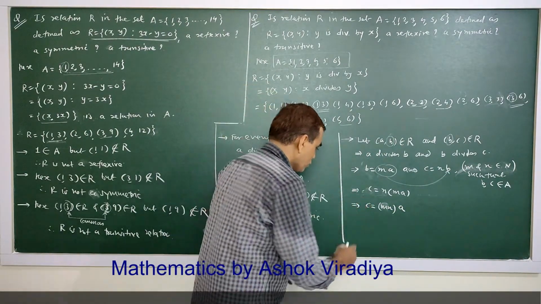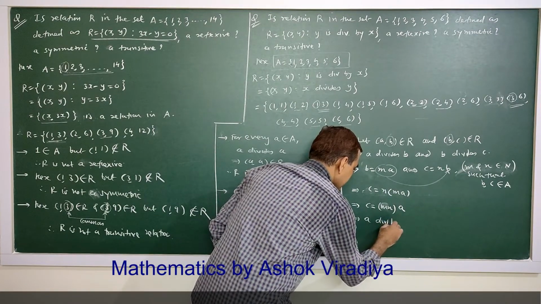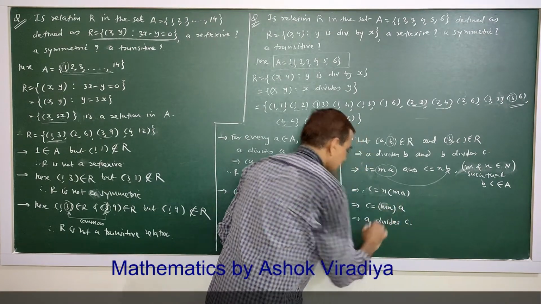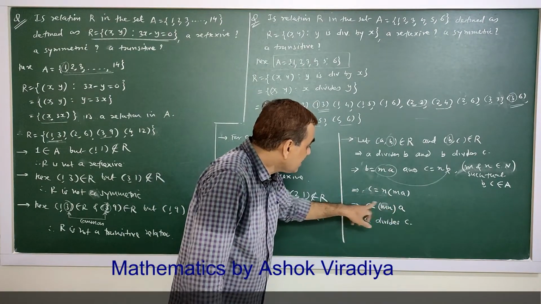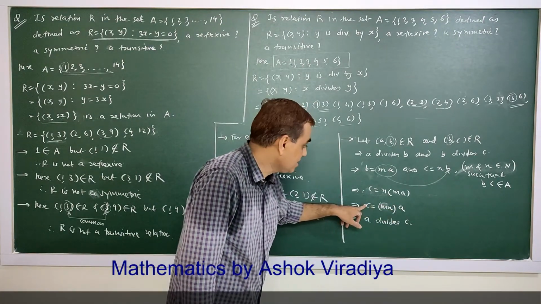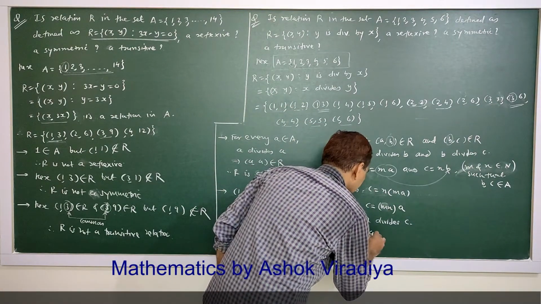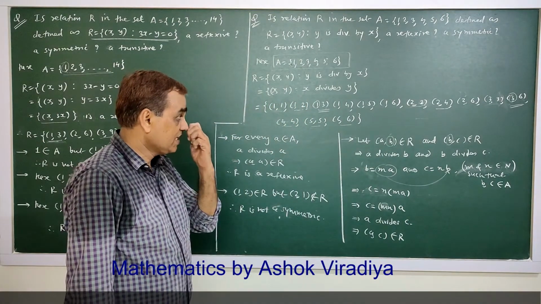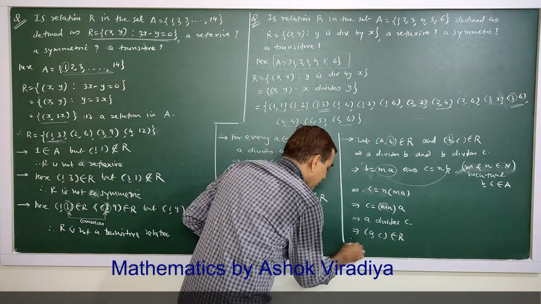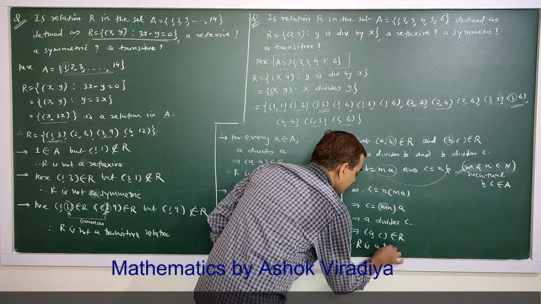What does it prove? It proves that A divides C. A is a factor of C. So A divides C, so (A, C) belongs to R. Therefore, R is a transitive relation.